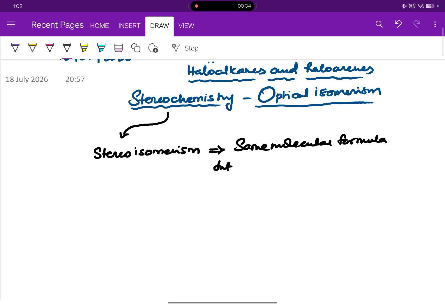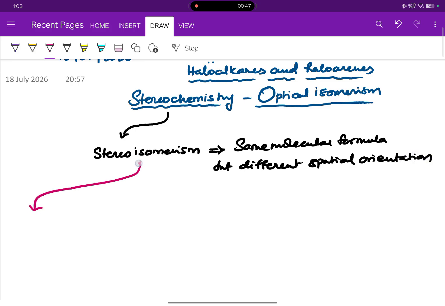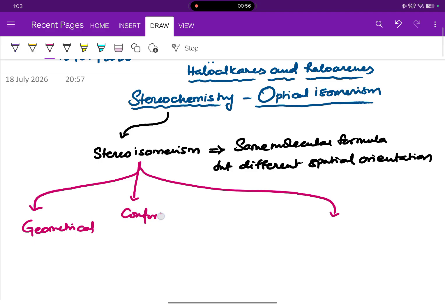Same molecular formula but different spatial arrangement or spatial orientation. Yes, so in stereo isomerism you have three isomerisms. Geometrical isomerism, conformational isomerism, and then optical isomerism.